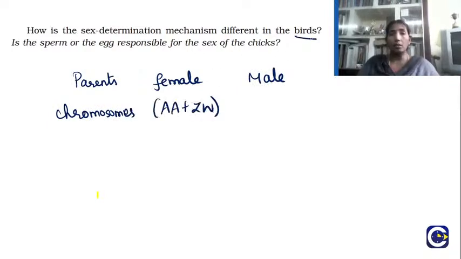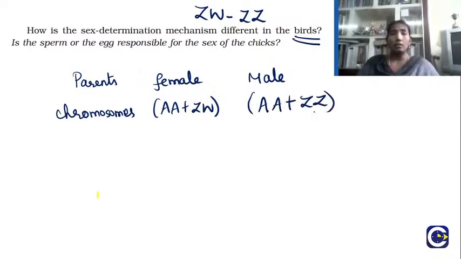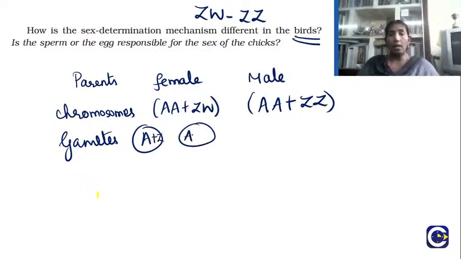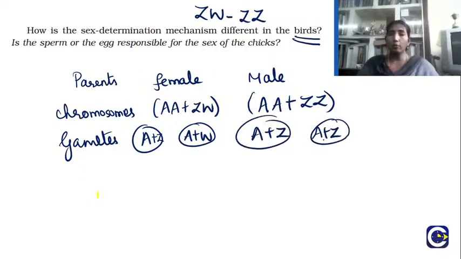We are talking in terms of birds. In birds, it is the ZW, ZZ method, right? So here there are two autosomes in the male type. So what are the chances of those gametes? They can be A plus Z, or it can be A plus W. Here also A plus Z, and it can be A plus Z in the case of males.